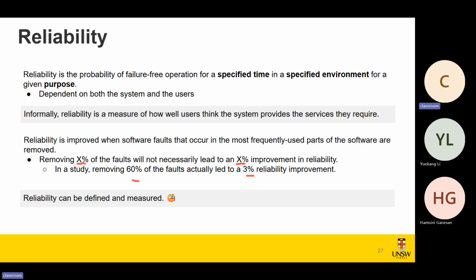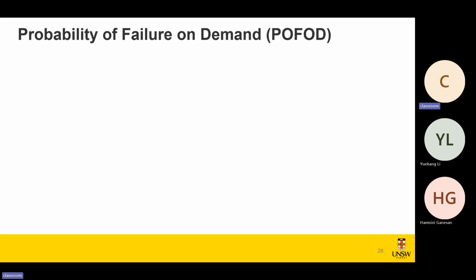But after all the discussion here, like the definition and how it can be improved, what we can get here is that reliability can be defined and measured, so it could be turned into some kind of metrics. So the first metric we can get from measuring reliability is the probability of failure on demand.